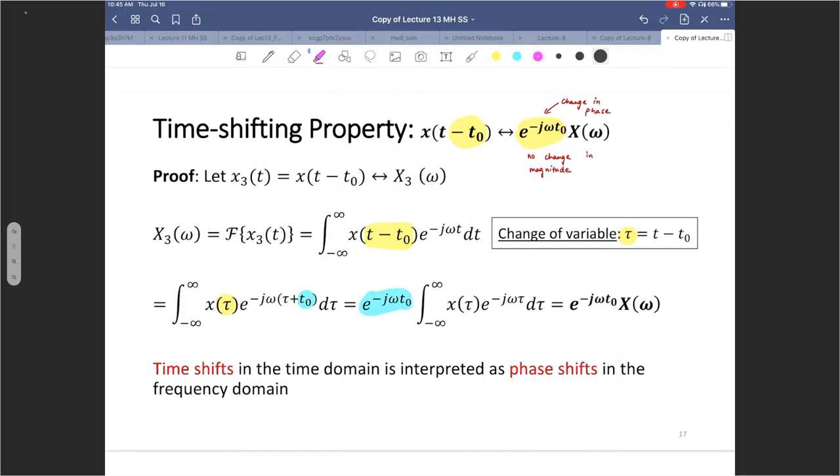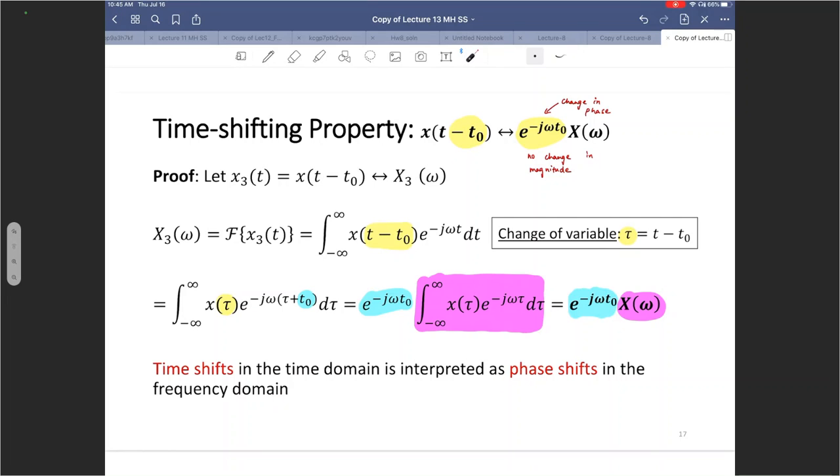So I can color code this as, if this is pink, then this is pink, and that is the blue term. And we can interpret this as time shifts in the time domain result in phase shifts in the frequency domain.